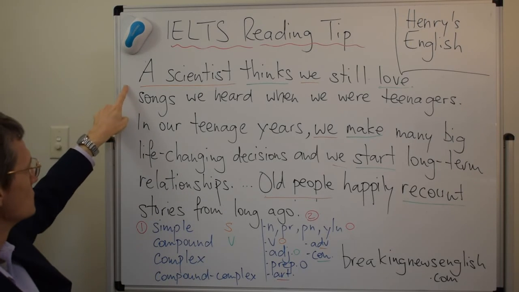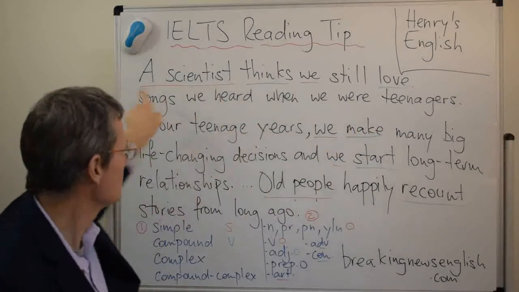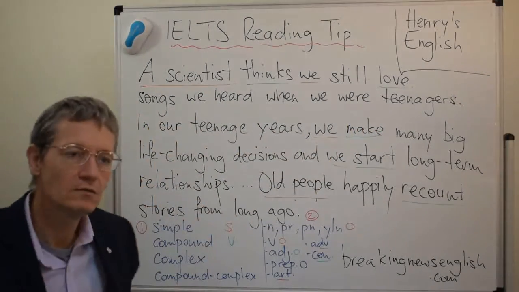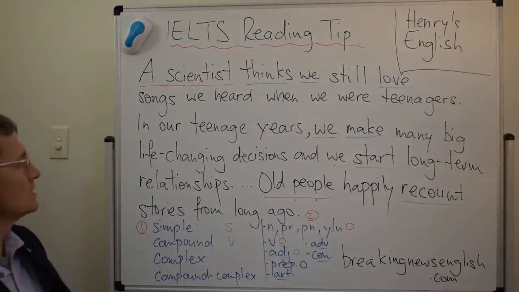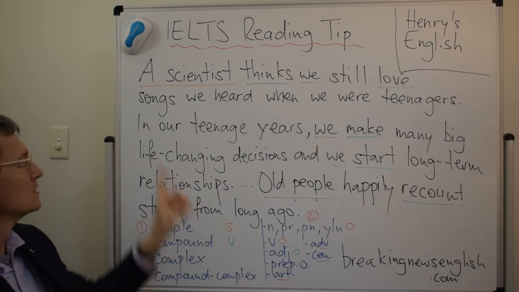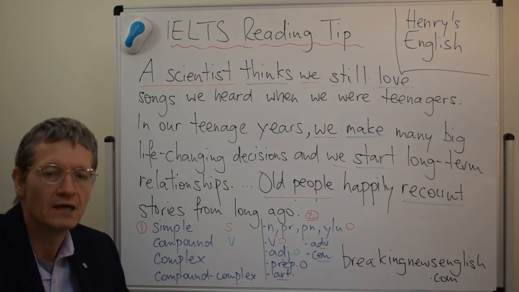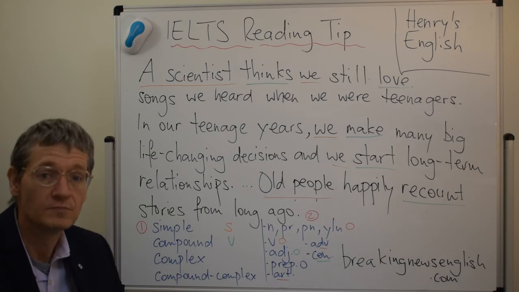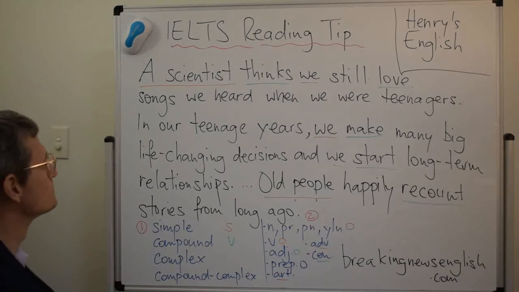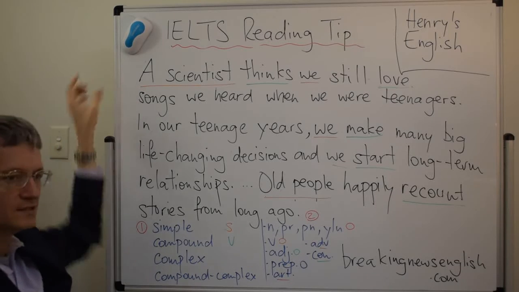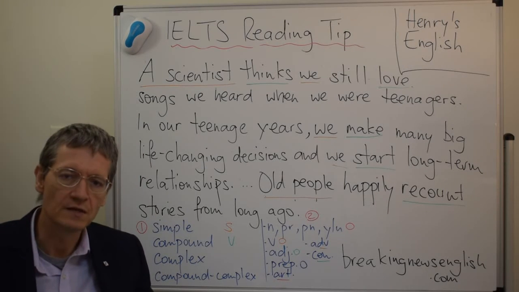But if I think of this as one noun, a group noun, a scientist thinks we still love songs we heard when we were teenagers. So it's a group noun. It's the object, actually, of the sentence. So this one here is a complex sentence, and that was actually a bit of a tricky question, that one.